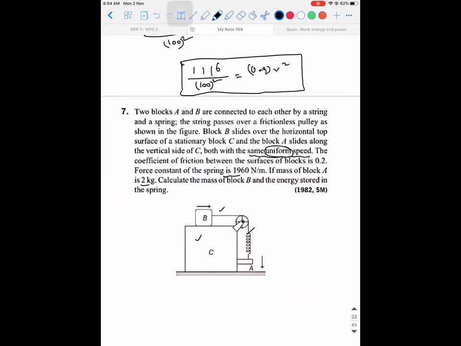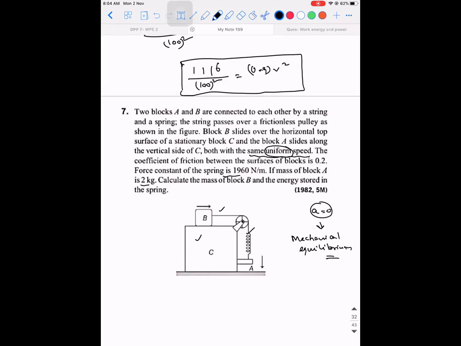Indirectly, what do you mean by uniform speed? Acceleration is zero. So when acceleration is zero, what is it called in terms of physics? We call it as mechanical equilibrium.